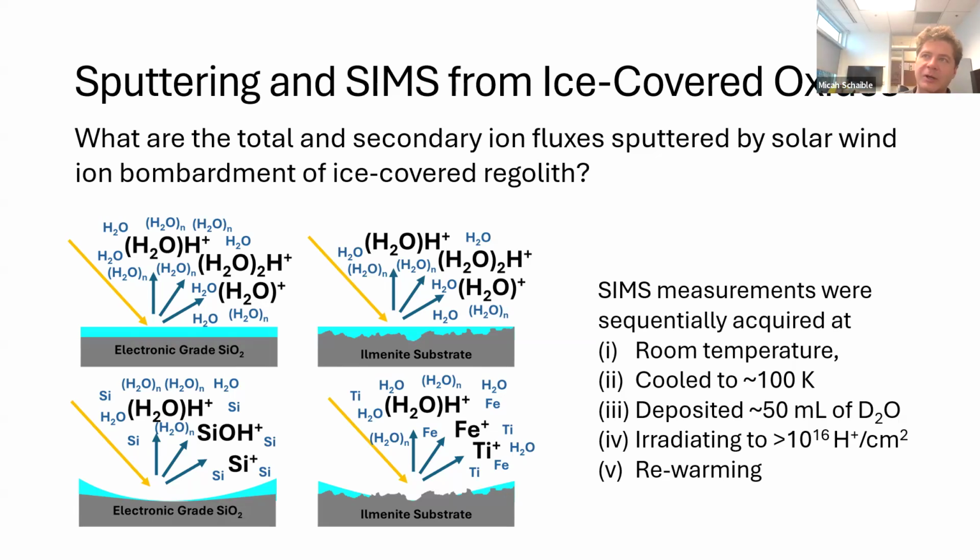In order to determine what the thickness was, we opened up the dosing tube at room temperature, when nothing was sticking to the sample, and determined from that what a given opening level of the leak valve produced in terms of the background gas pressure. Then after we cooled it down and opened it up, we didn't see much of an increase in the background pressure. So we were able to determine that the vast majority of those leaked water molecules were in fact sticking to the surface.